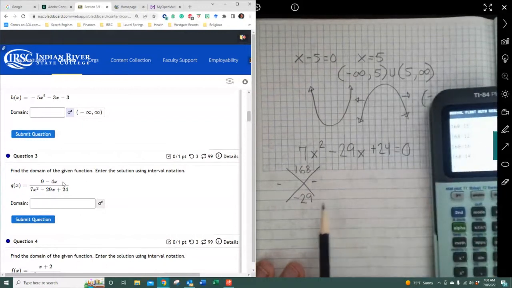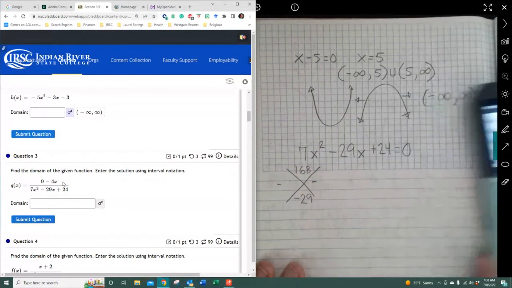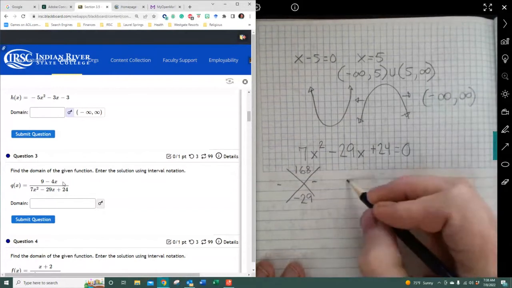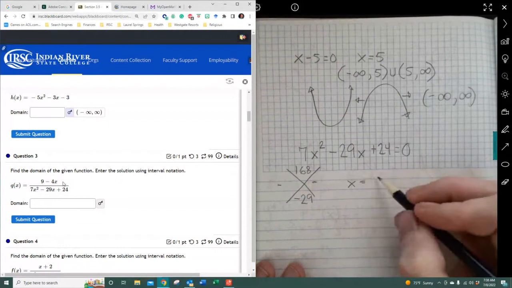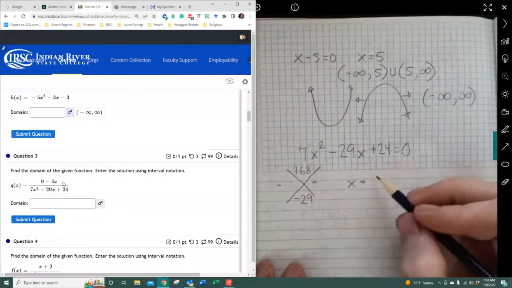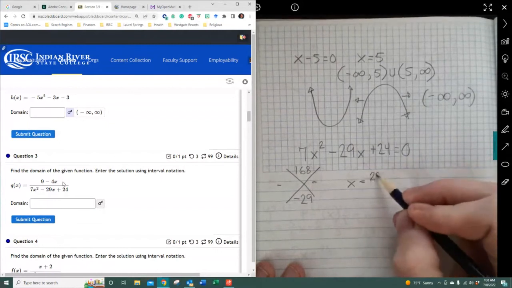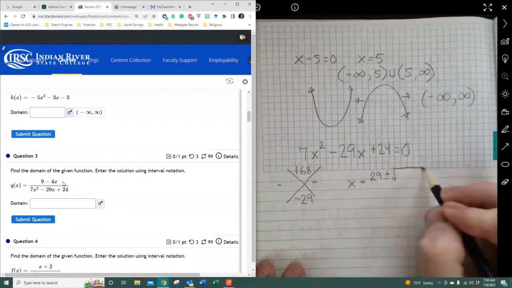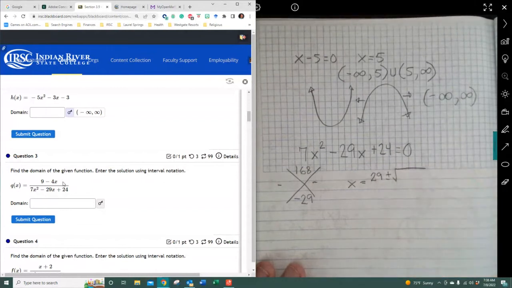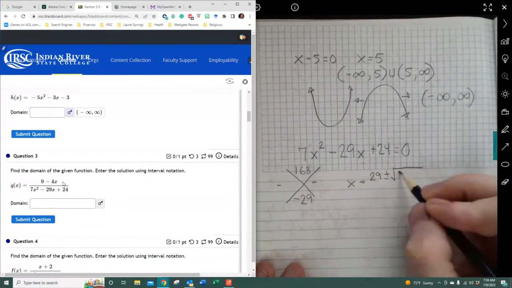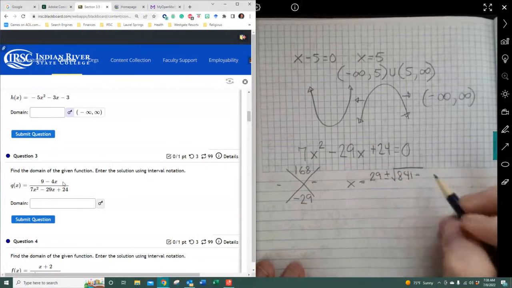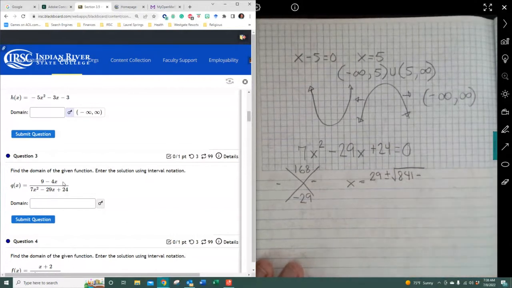Those are the two closest numbers that would multiply to that, and I can't seem to find it. So if I'm getting frustrated, I'm just going to do the quadratic formula. There's no harm or foul play in that. So I'm just going to do this. All right, so I'm walking through the quadratic formula right now.